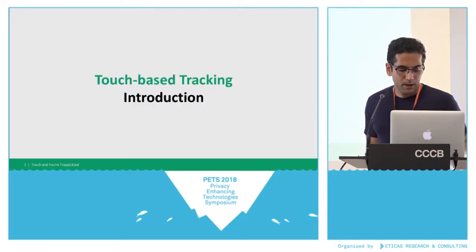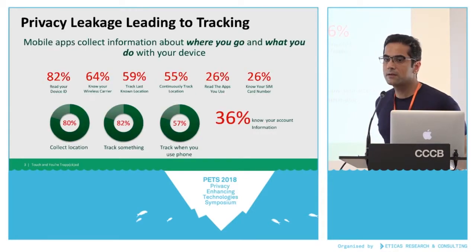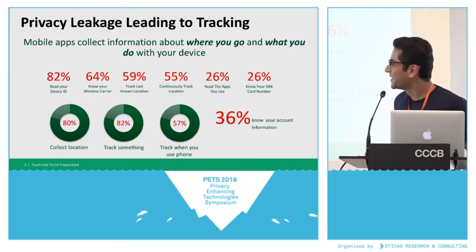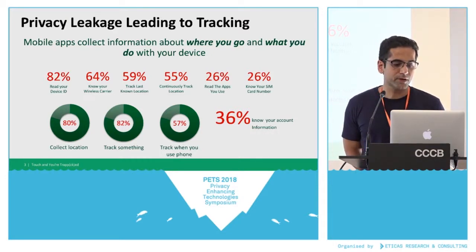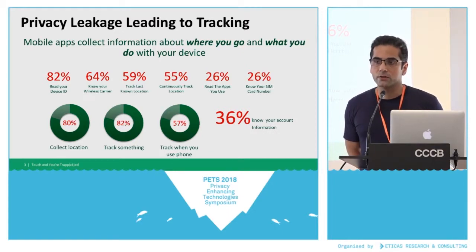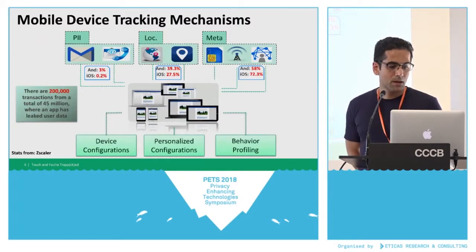I'll begin with a typical scary stat slide. I think for this audience, it's not news that mobile apps collect a lot of information. Some of it is related to the device we use, some of it to more personal information, like location.